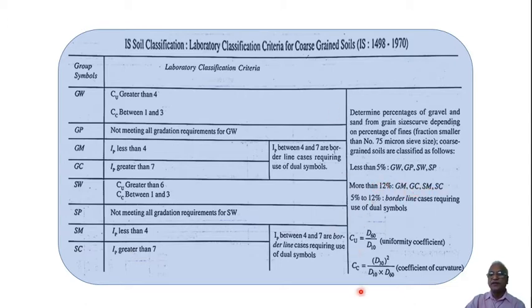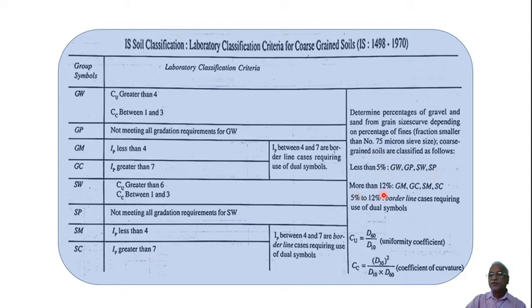Here it is very clearly mentioned. Determine percentage of gravel, sand from grain size curves depending upon the percentage of fines, that is fraction smaller than 75 microns. Coarse grained soils are classified as, if the fines are less than 5%, then it will be pure gravel or sand.